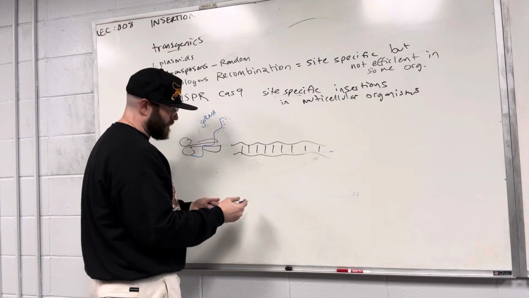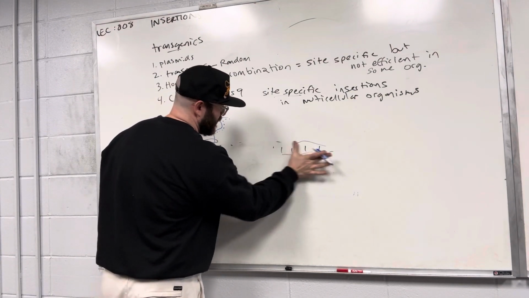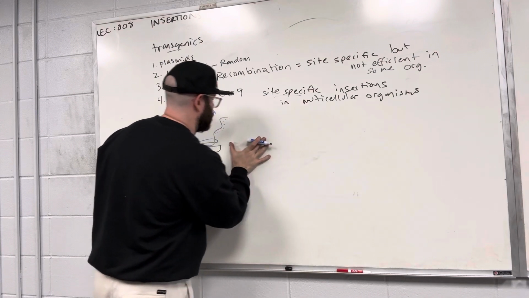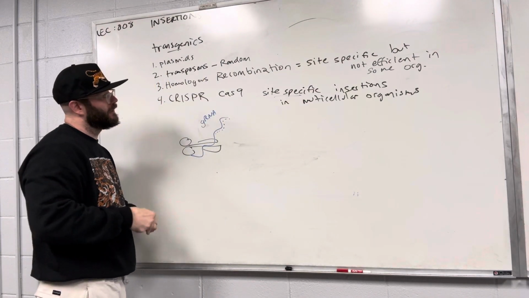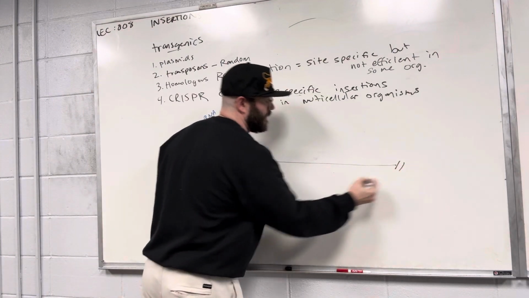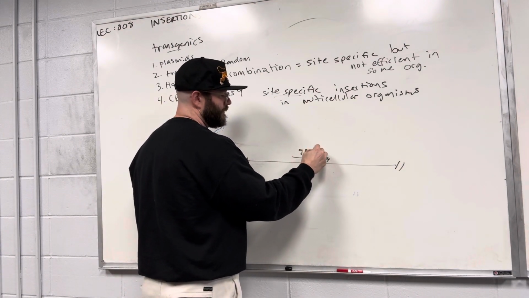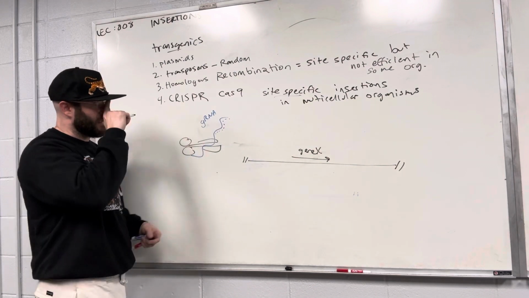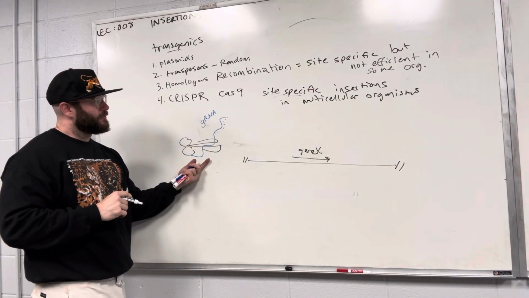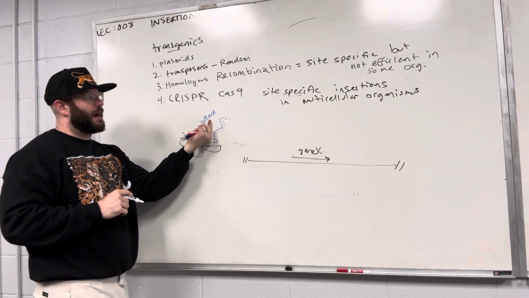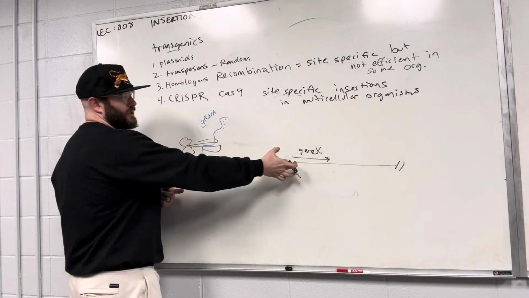So let's say you want to make an insertion. You want to make an insertion into gene X. You want to insert into gene X, okay? So what you should do is you should make your guide match gene X, okay?